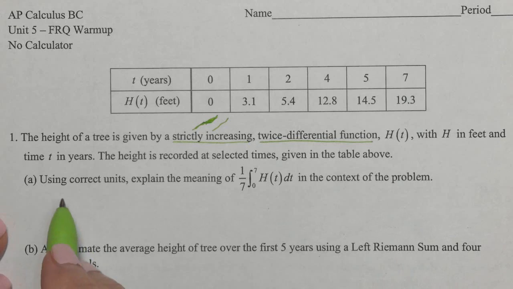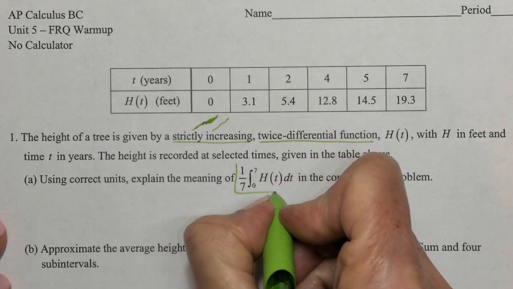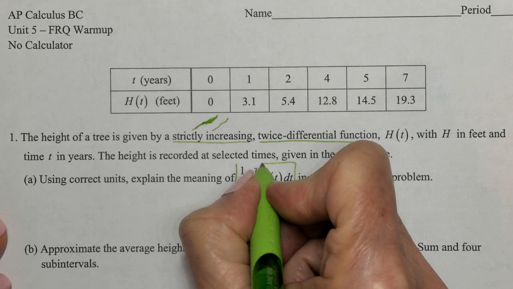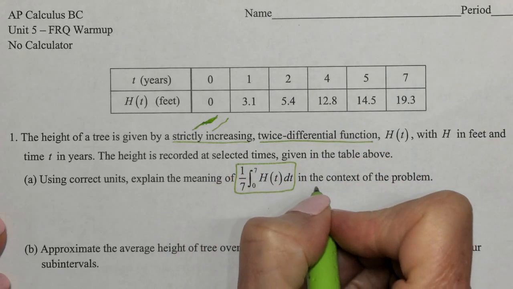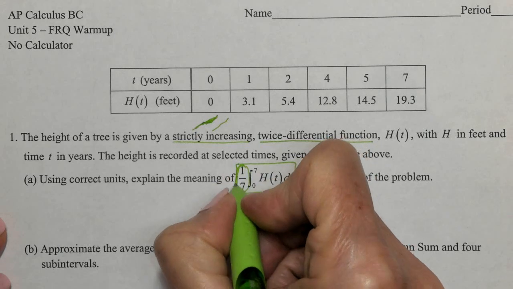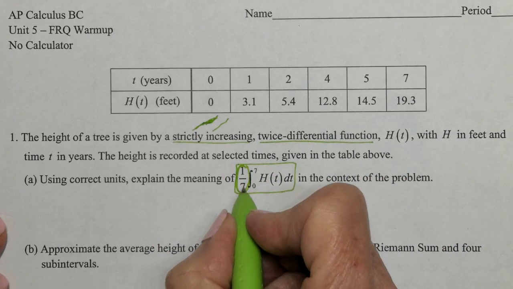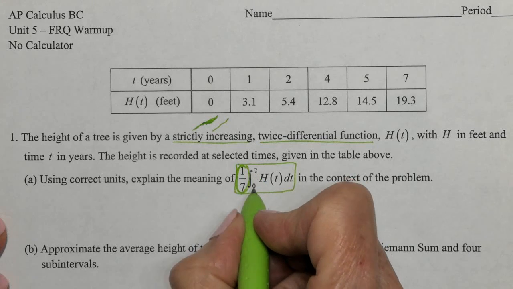Okay, part A. Using correct units, let's explain the meaning of this expression. So of course we see the integral, but what my eye is drawn to is this coefficient out in front. That coefficient out in front of that integral, which has a denominator that is 7 minus 0.